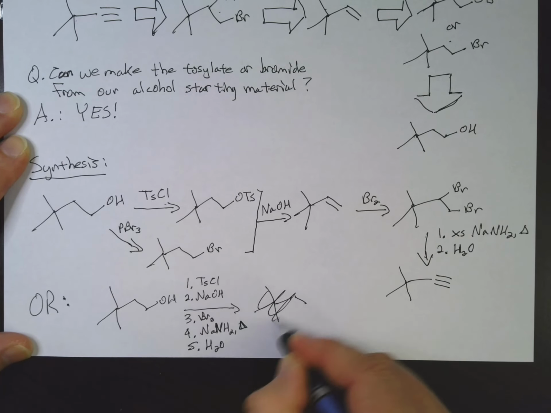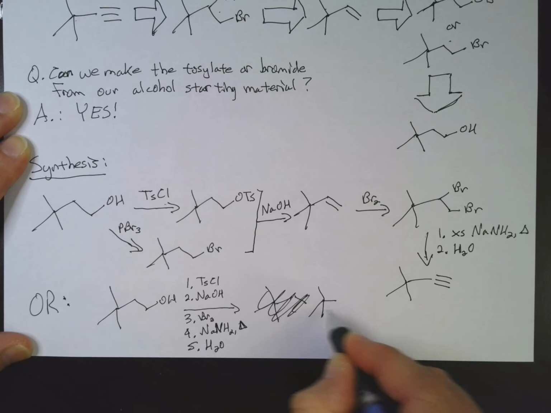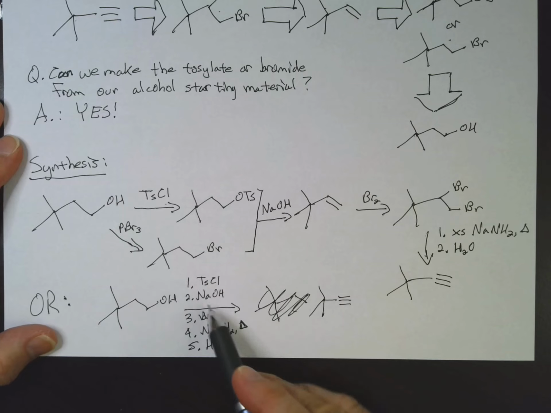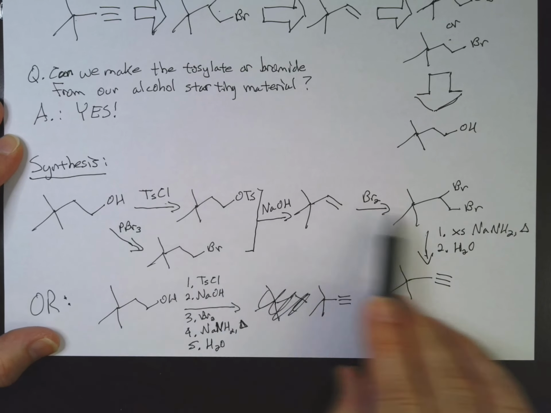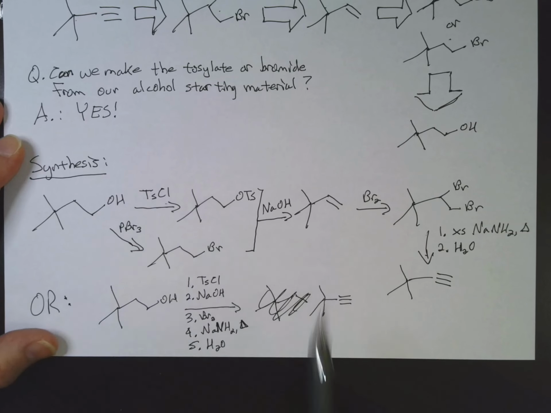Whoops. And that gives me my product here. So you could write it out like this. I like to write it this way just because it shows the product of each of the individual reactions.